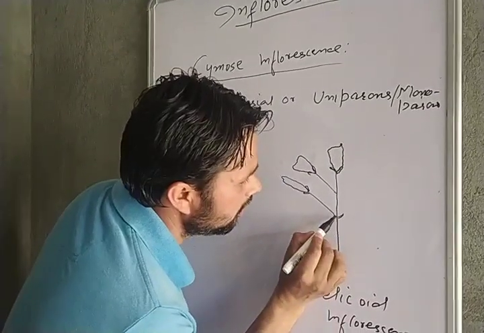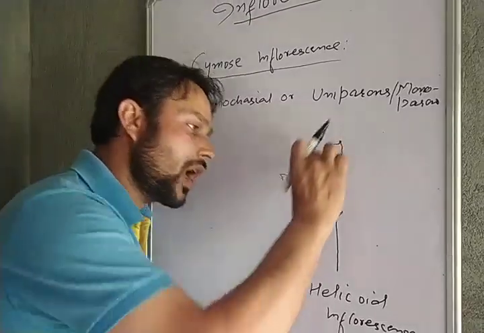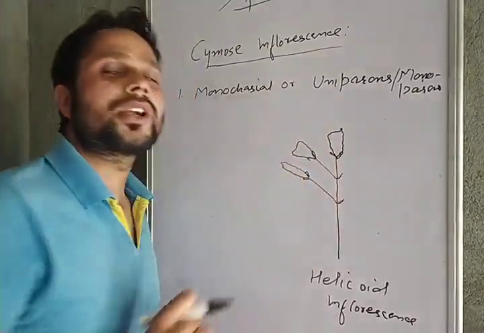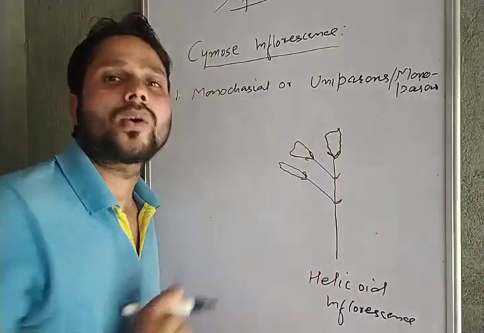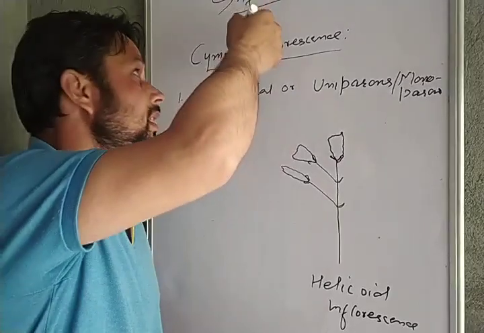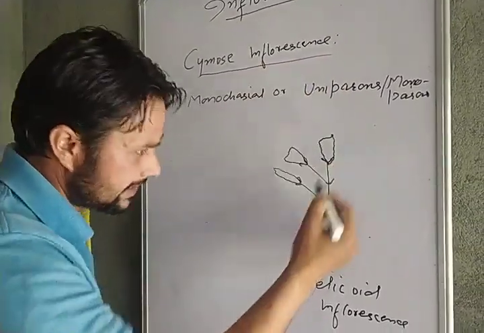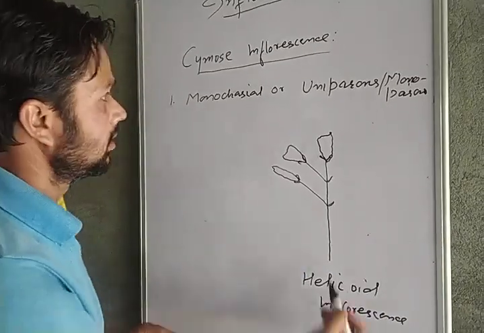These are leaves. The lateral branch arises only on one side and gets terminated into a flower. This is called helicoid type of inflorescence, which is a type of monochasal, which is again a type of cymose inflorescence.